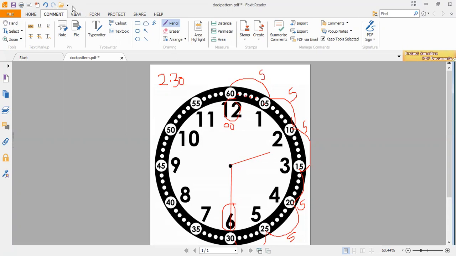So if you want to read this clock, it will be 2 and 30. Number 6 always means 30. And if you cannot remember this, you can start to count from 12 by fives. 5, 10, 15, 20, 25, 30. Okay?